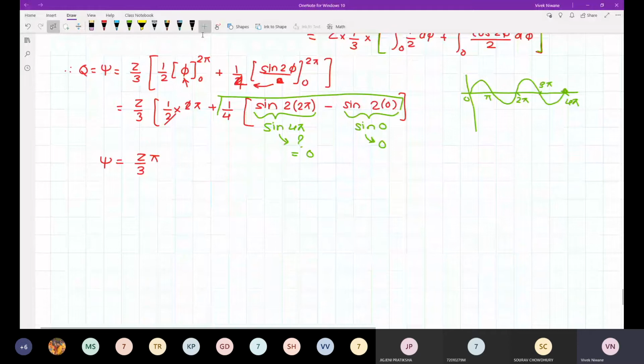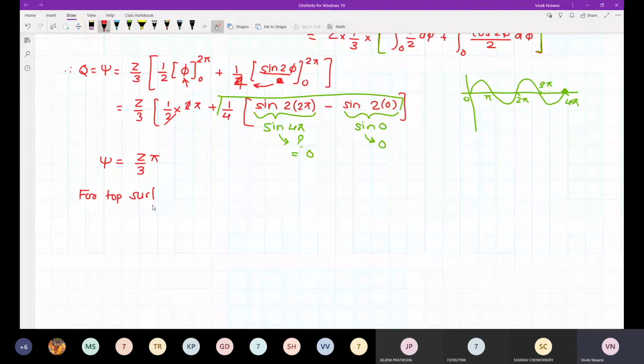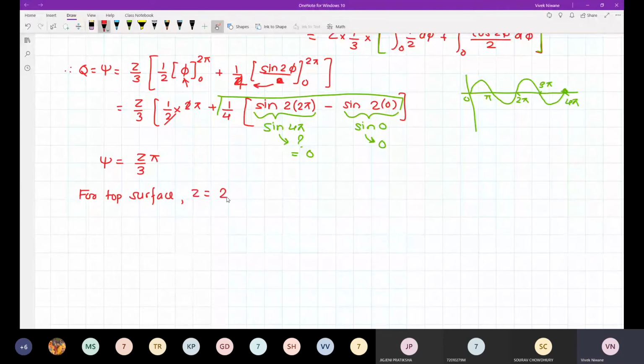So now we have a z term in the answer, so we will write down for the top surface: z is equal to 2, therefore psi is equal to 2 pi by 3, and that will be nearly equal to 2.09. Okay, and for the bottom surface z is equal to -2.